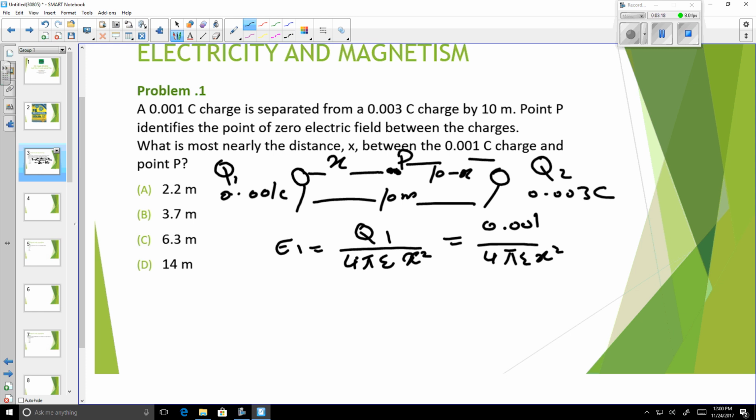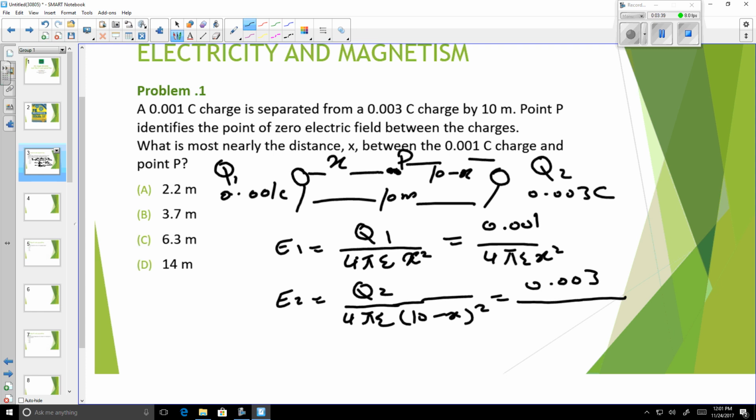The electric field due to charge 2 at point P is E2, which is Q2 over 4 pi epsilon, and the distance between Q2 and P is 10 minus x, squared. Substituting Q2, that would be 0.003 over 4 pi epsilon, the permittivity, times 10 minus x all squared.